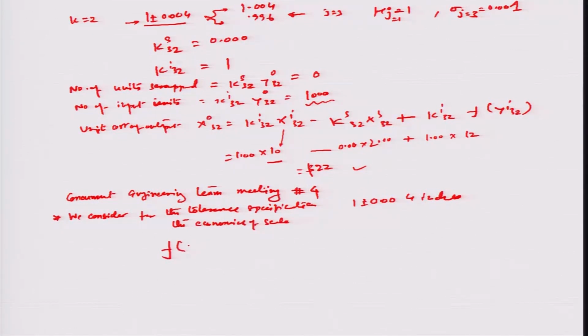Let the processing cost depend on the input here as a function relationship $12 minus 0.003 yi32.